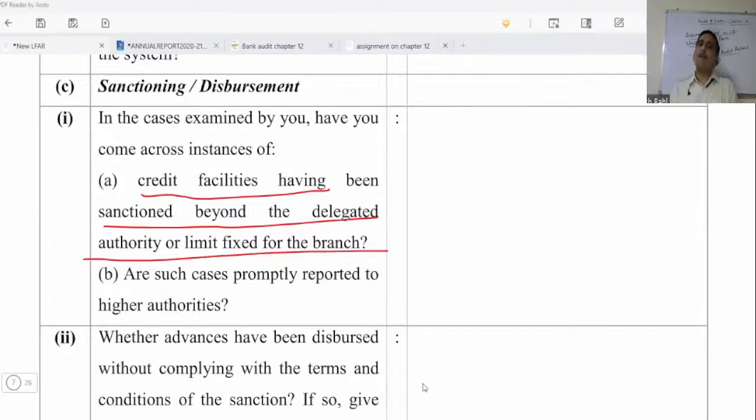If the branch is headed by the chief manager, he might be having a lower delegated authority. If the branch is being headed by AGM, then he might have higher delegated authority. So whether the loans sanctioned at the branch are in accordance with the delegated authority of the branch, and whether the loans falling beyond the delegated authority of branch have been sent to controlling authorities for sanction. Okay, so these kinds of things are there.